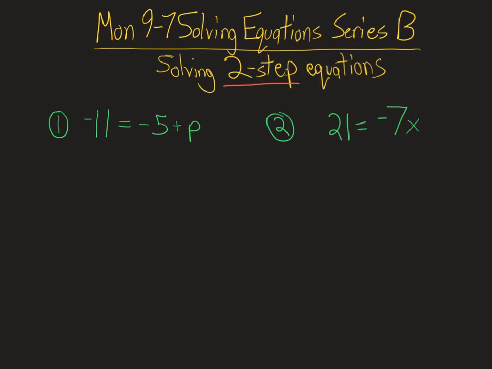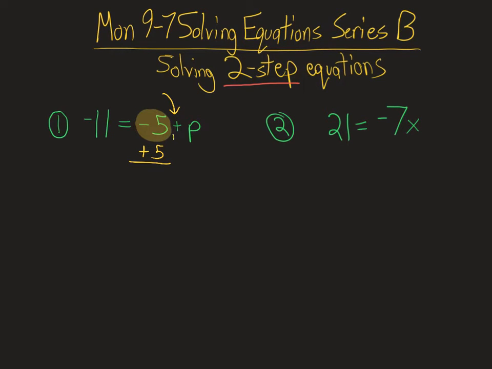This is just a little bit of review from yesterday. Again, we've got to make sure we understand this stuff. So we've got this one-step equation here. P is on the right side, so this is the value we're going to cancel and get rid of. It's a minus 5, so I'm going to add 5 to cancel it. And to be clear, some folks might look at the sign in between and think that means subtract.